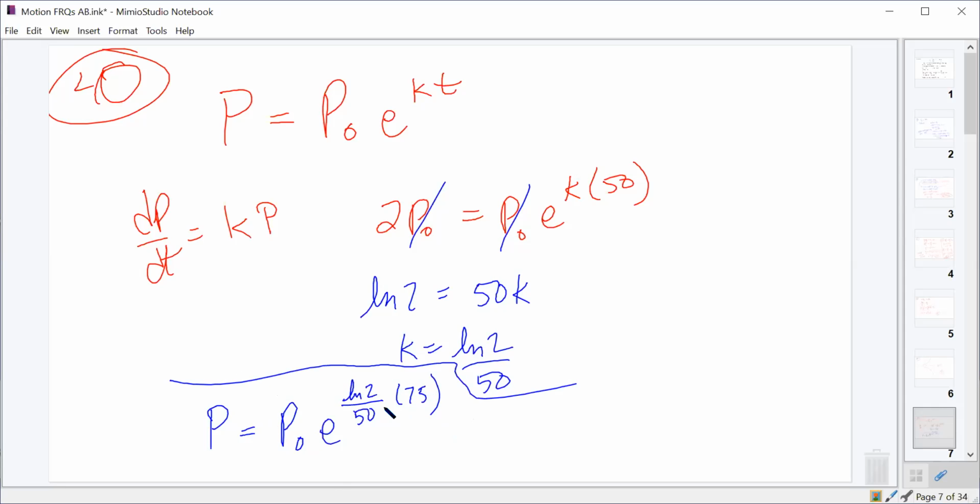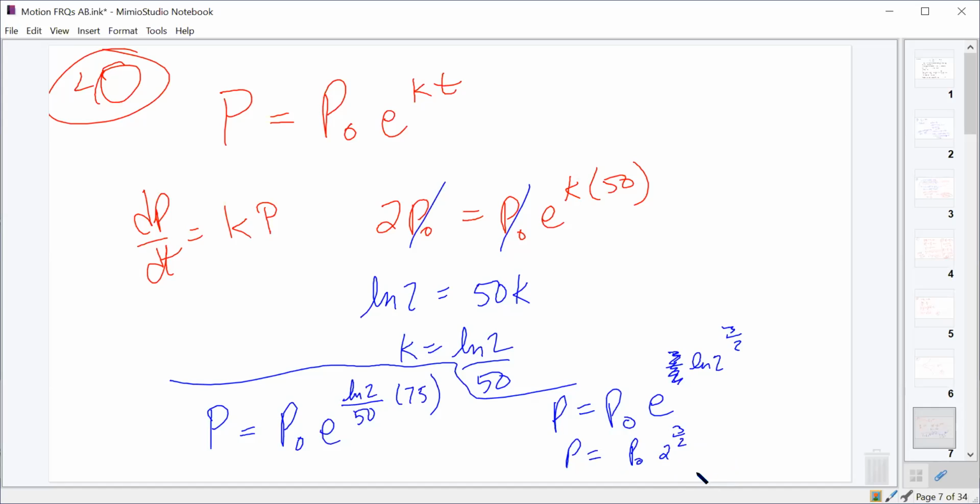So first off, 75 over 50 is just 3/2. So this becomes P equals P naught e to the 3/2 ln 2, which is ln 2 to the 3/2. And then e to the ln of something is just that thing. So we end up with P equals P naught times 2 to the 3/2.